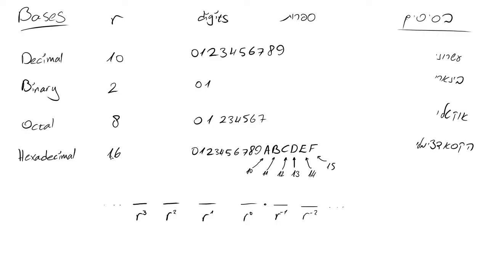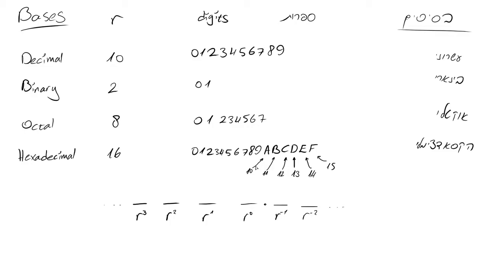Now, because 16 has more digits than we use in base 10, we count normally up to 9, but after that we need 6 more digits, which we don't have. So people decided to use the letters A, B, C, D, E, F instead.